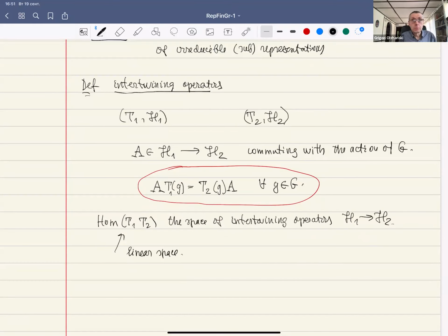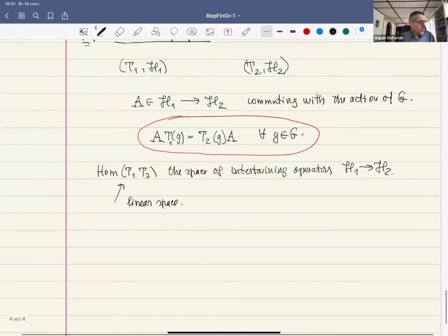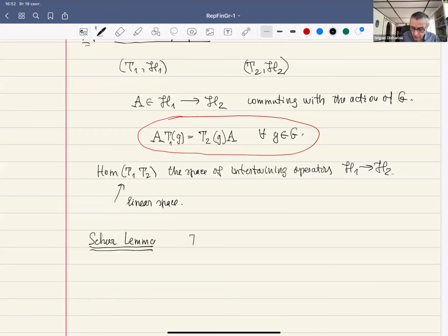And well, now we come to the famous Schur lemma. Probably you know all that in the course of algebra, but nevertheless, I would like to repeat. So assume that we have two irreducible representations.